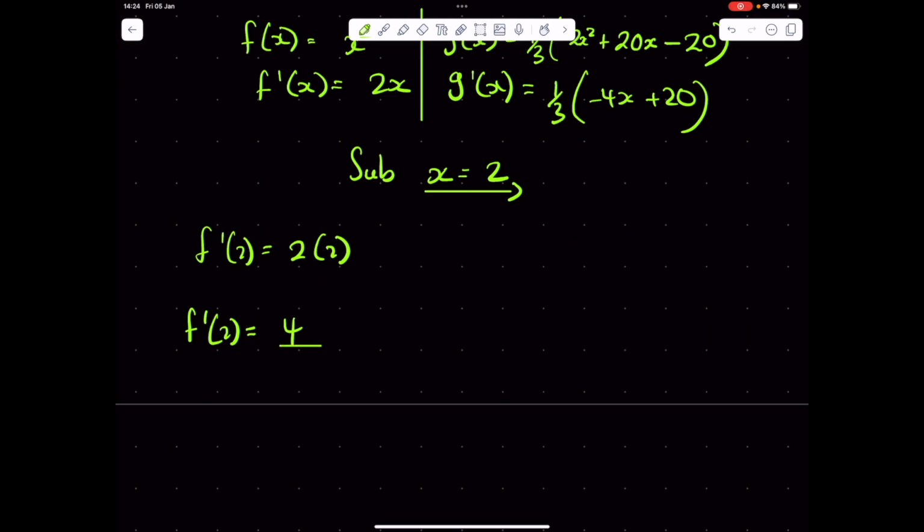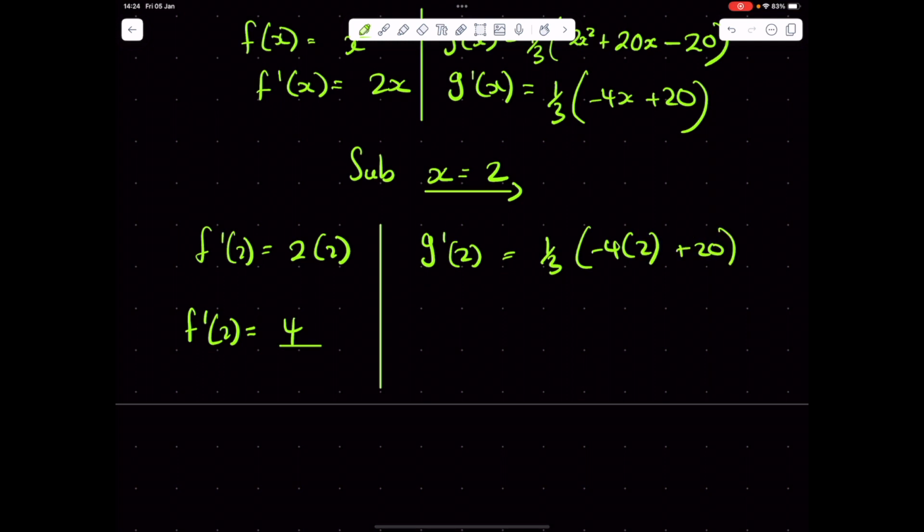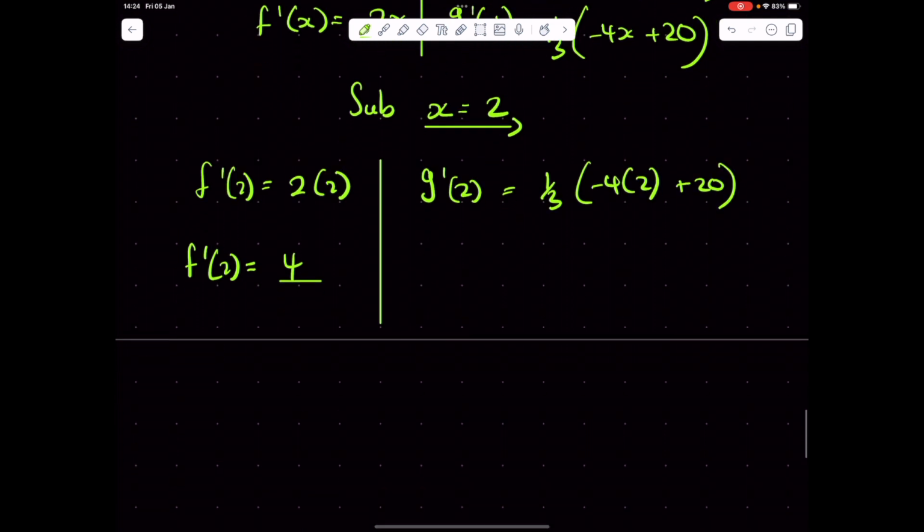Now let's move over to g of x. g prime of 2 would give you 1 over 3 times negative 4 times 2 plus 20. Negative 4 times 2 is negative 8, plus 20 is 12. 1 over 3 times 12 would give you 4.